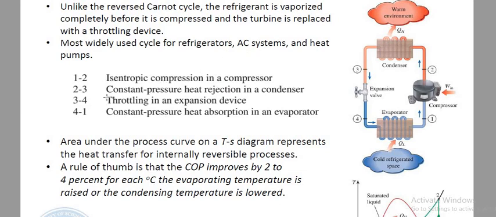Second, we have constant pressure. Number 3, since throttling is happening in an expansion device, the specific enthalpy per kg will remain constant. So h in this case will remain constant between the third and fourth state. And in the end, from 4 to 1, we have a constant pressure process as well.